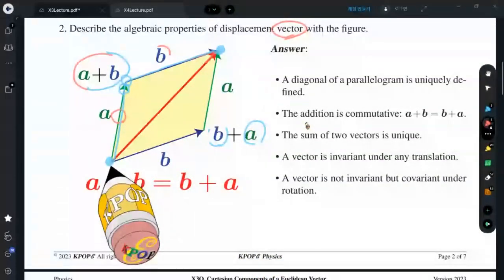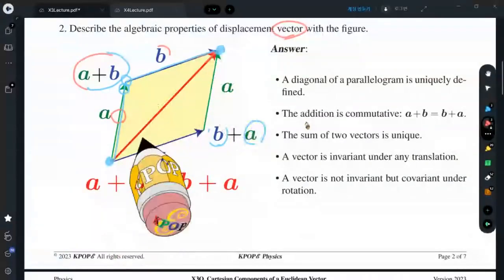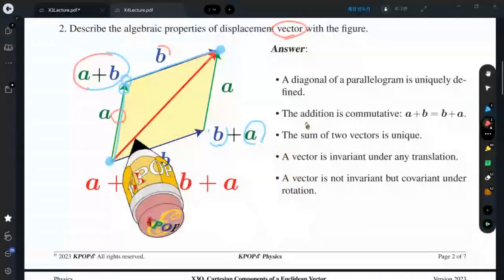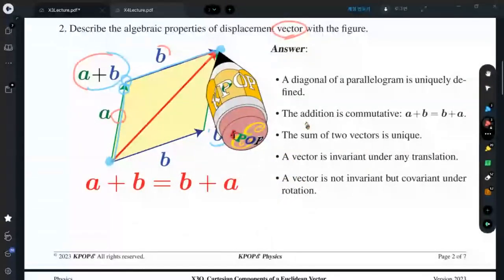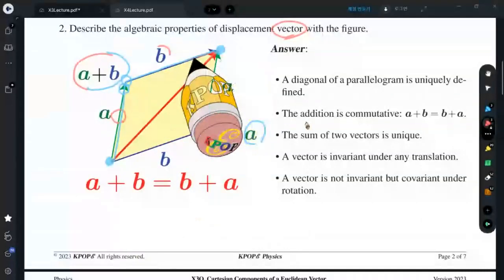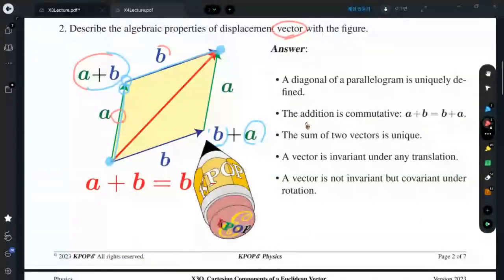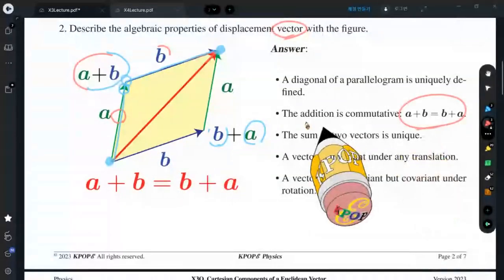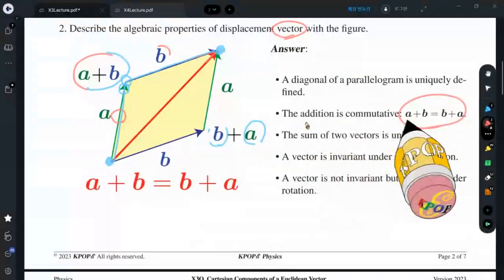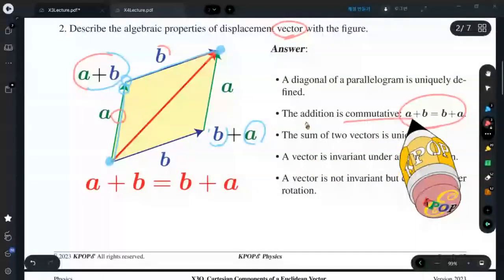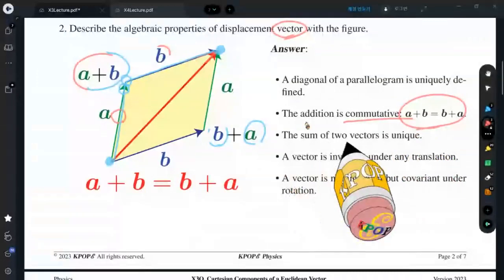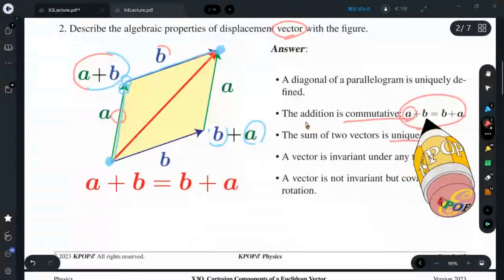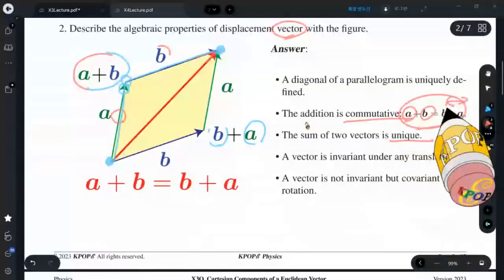Therefore, because A plus B represents a diagonal and B plus A represents the same diagonal, the uniqueness of the diagonal of a parallelogram that we learn states that addition of two vectors is commutative. The sum of two vectors is unique, whether we add in this manner or out of order.